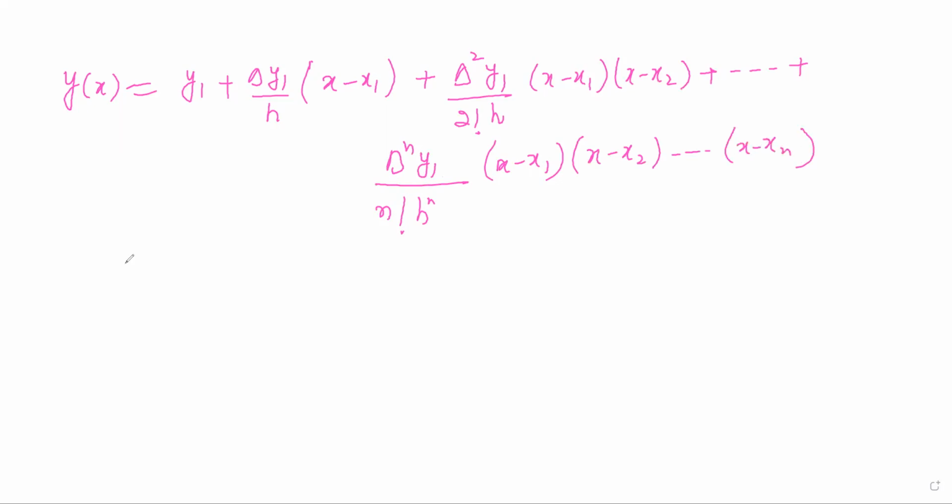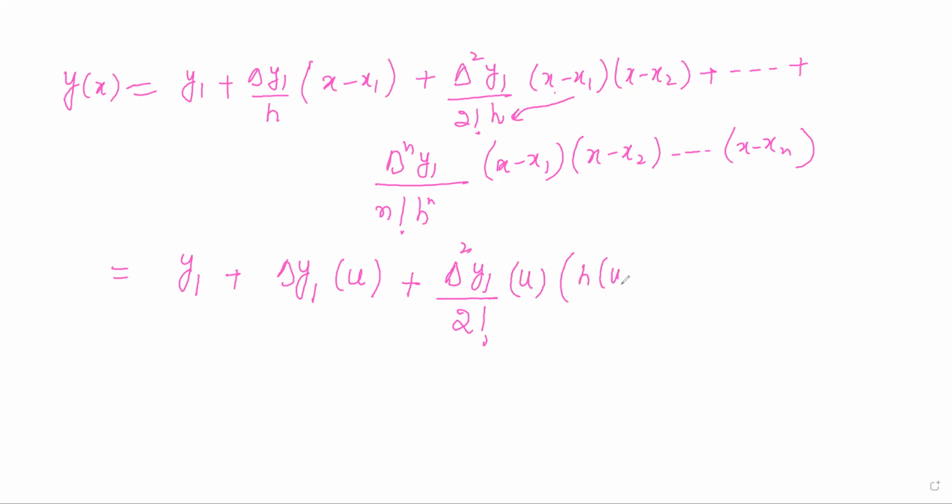Okay, so this is y1 plus delta y1, and as we just stated, x minus x1 divided by h is equal to u. Plus then we have delta square y1 divided by 2 factorial, x minus x1, that is u times h. Then you have x minus x2, that was equal to h into u minus 1.